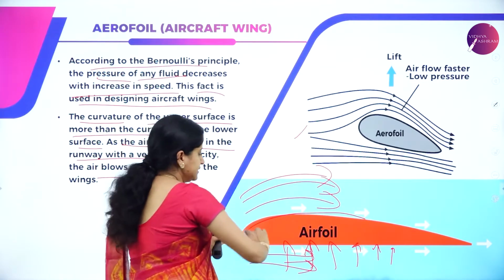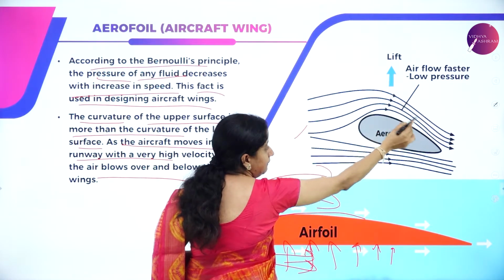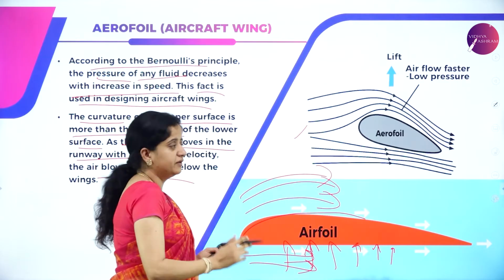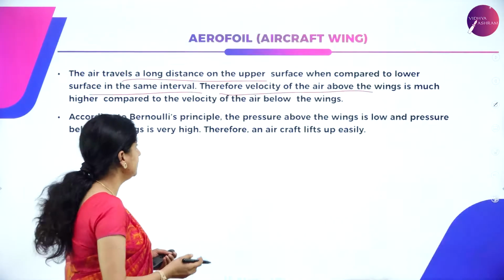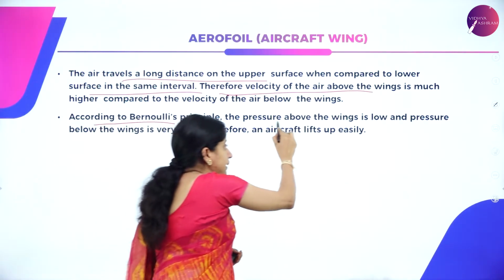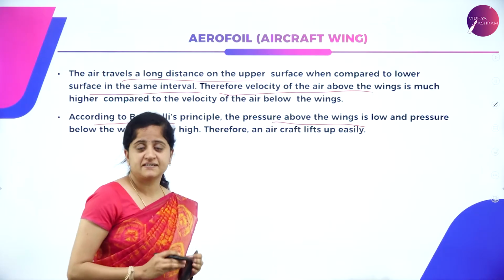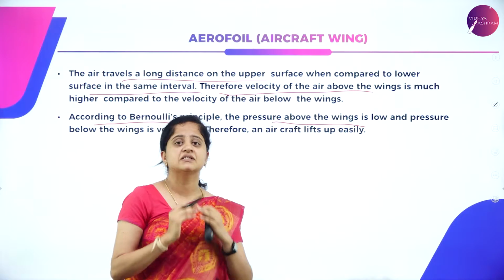Because the aircraft is designed like this, the velocity of air moving at the upper surface will be more compared to the velocity of air moving at the bottom surface of the wing. So according to Bernoulli's principle, the pressure above the wing is low because the velocity of the air moving at the upper surface is higher.